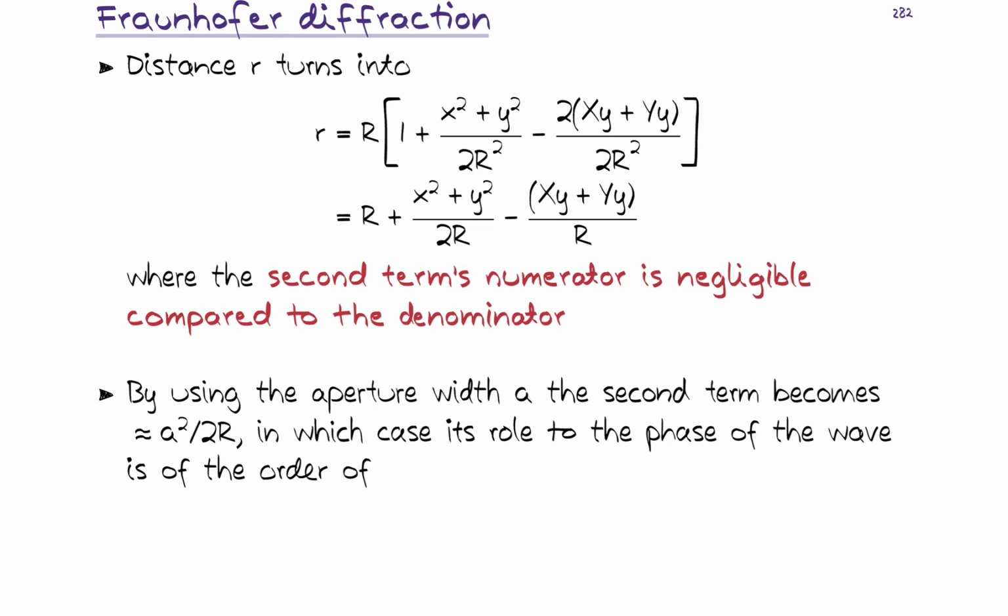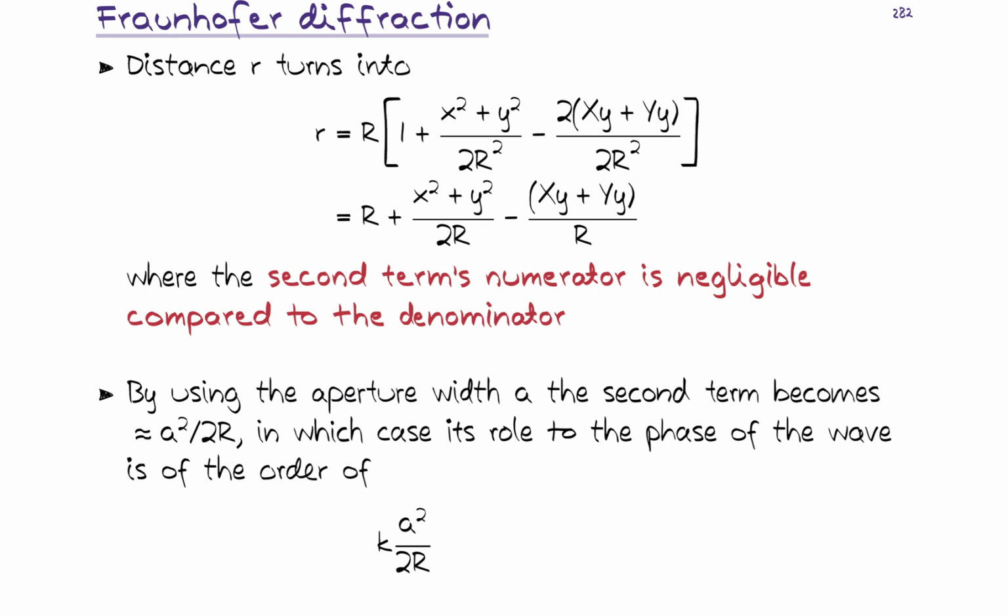And in this case, this doesn't really matter to the phase evolution of the wave. So when this condition applies, the phase function doesn't really change much when we are changing the coordinates. So k times a squared divided by 2r, and this is basically the phase evolution.